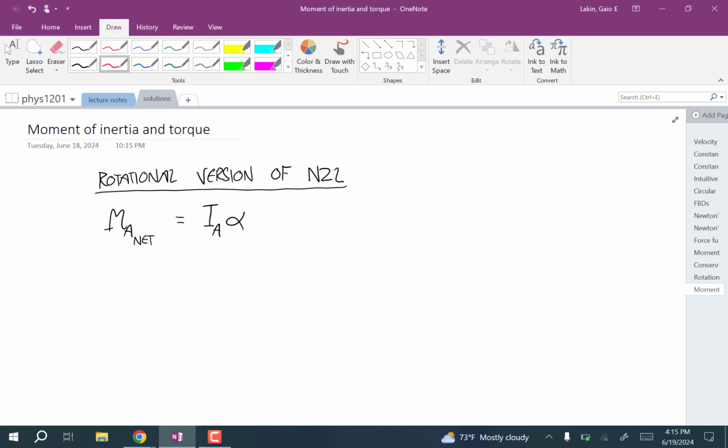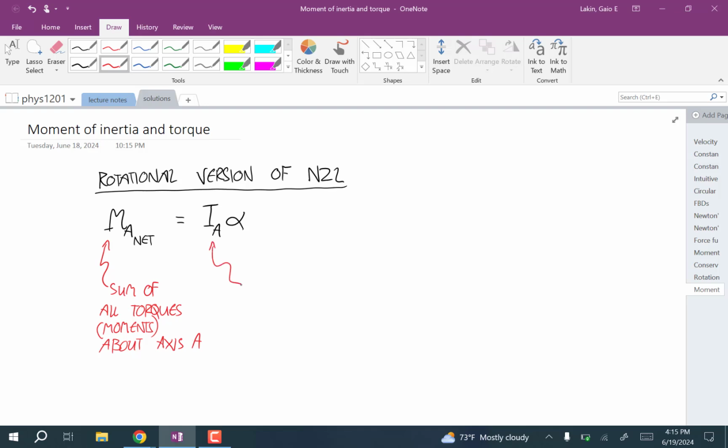Okay, so this is the sum of all the torques, or the reason I'm calling it M is people also call that the moments, about an axis A. Okay.